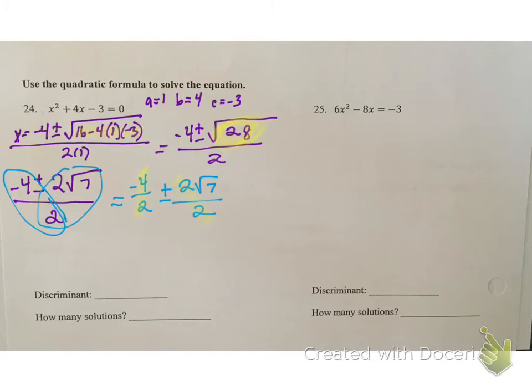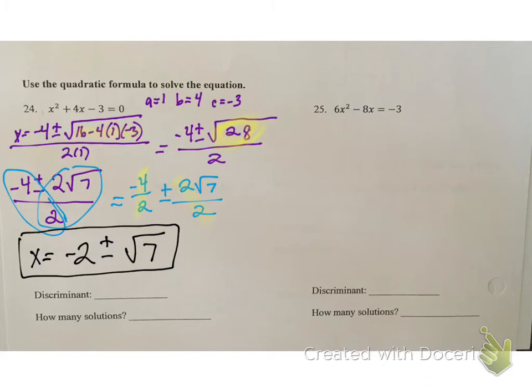So my very final answer, once I have simplified and reduced all fractions, becomes x equals negative 2 plus or minus, 2 over 2 just reduces to 1, so square root 7. My discriminant, that is my b squared minus 4ac, which is 28. Since it is a positive number, that means you have 2 real solutions.